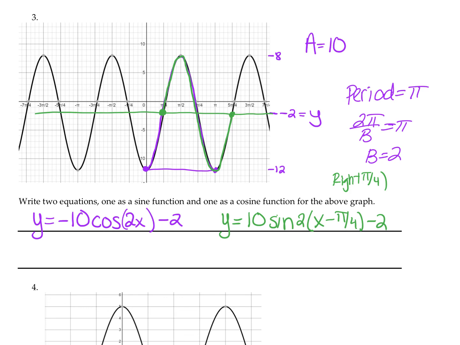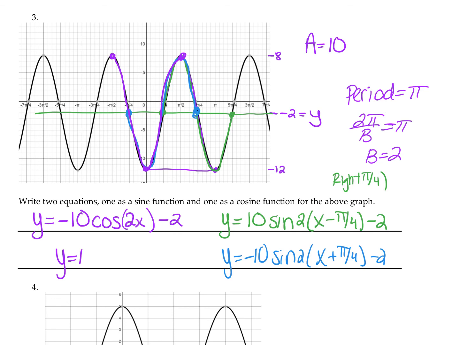You could have also started your sine function here and completed the cycle to here. If I was writing that, it'd be negative 10 sine of 2 times x plus pi over 4, minus 2. If I wanted to write a positive cosine function, I could have started it here and ended it here.